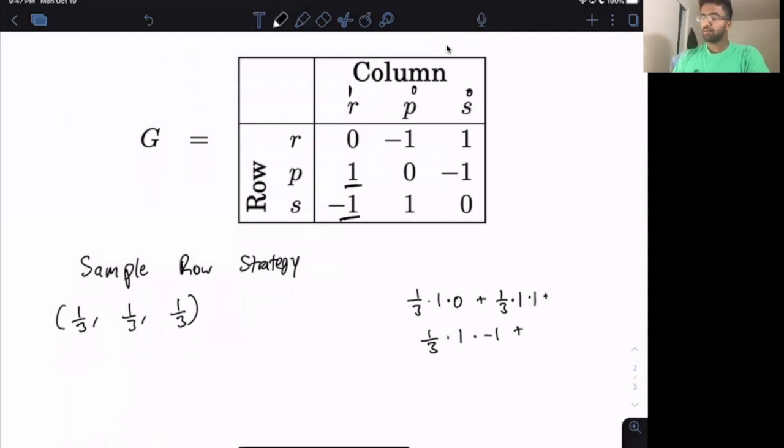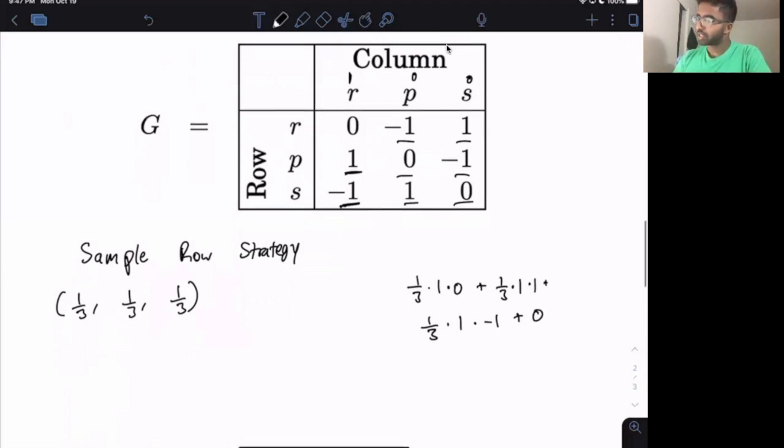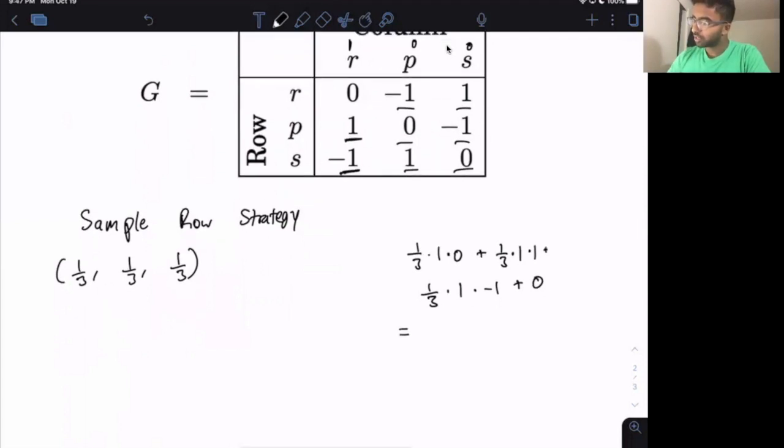That's actually all the elements we care about, because all the other ones will have a 0 term, since the probability that the column plays it is 0. So we just put 0 for the rest. What this evaluates to is 0 plus 1/3 minus 1/3 equals 0. And 0 is the expected payoff that the row expects. It can't expect anything more, given the strategies that column and row play.